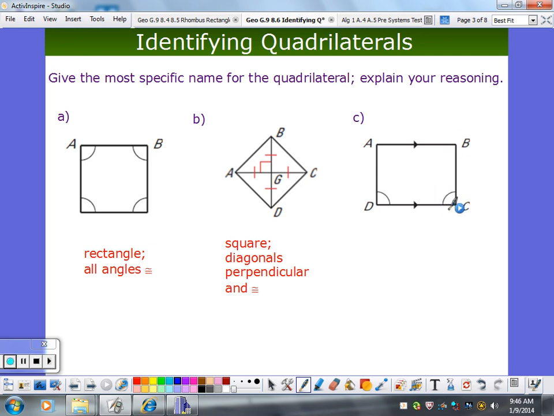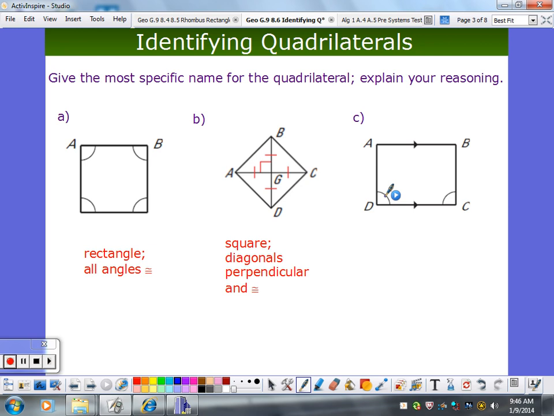I know these are supplementary, right? Do I know these are supplementary? What would I have to know? I have to know that these two are parallel. Do I know that? I don't know that. Well, they're kind of alternate interior angles.